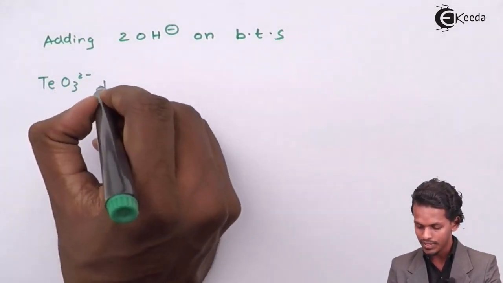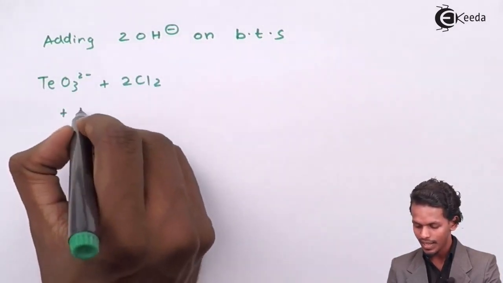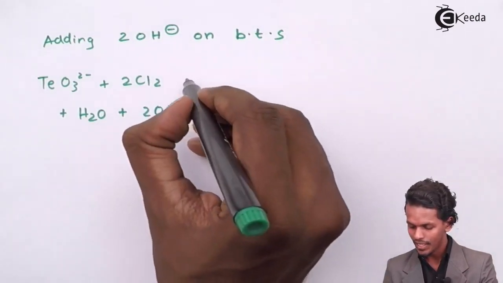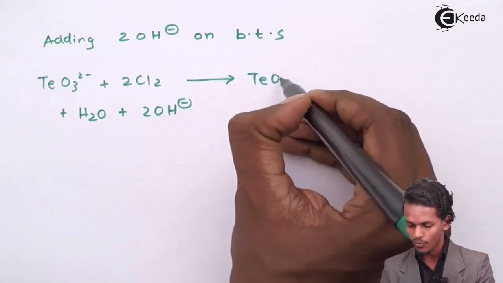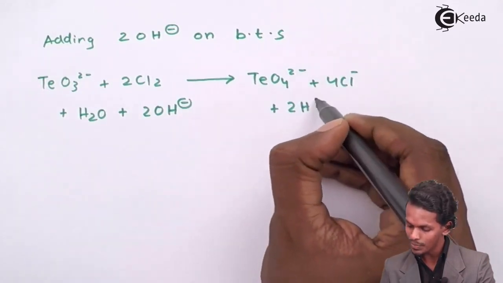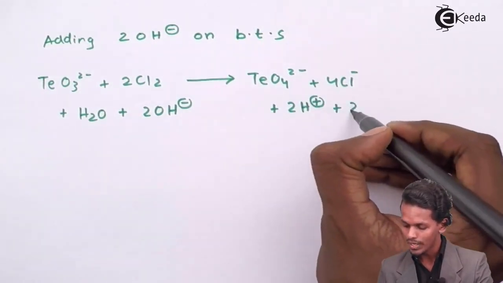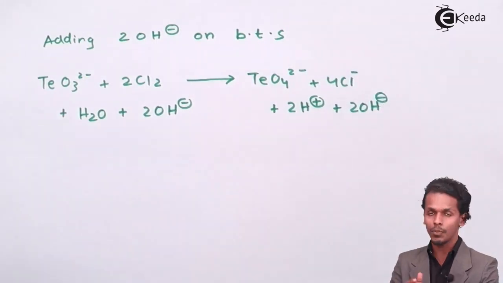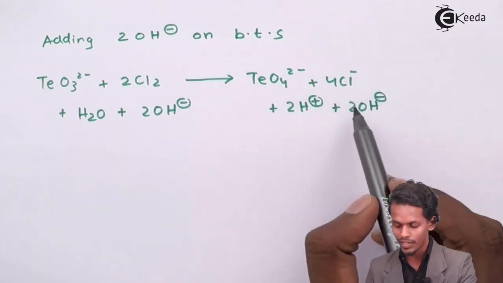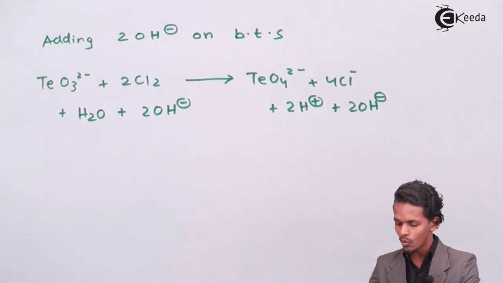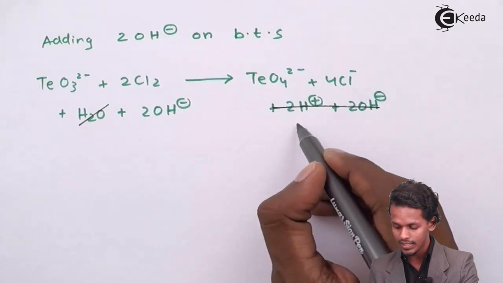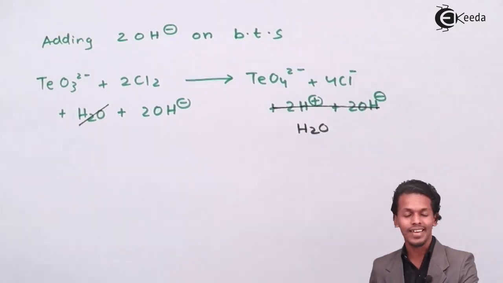TeO3 2- plus 2 times Cl2 plus H2O plus 2 times OH minus will give us TeO4 2- plus 4 times Cl- plus 2 times H plus, which was already there, and we have added 2 times OH minus again on both the sides. So in this case, the 2 moles of H2O molecule will be cancelled out by the H2O molecule, so ultimately what is left is 1 times H2O on the right hand side.